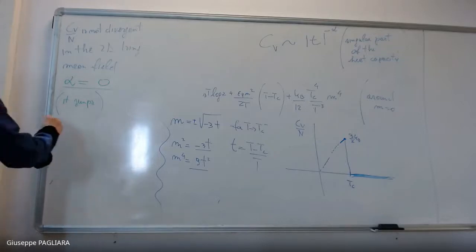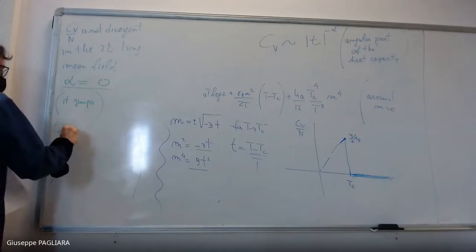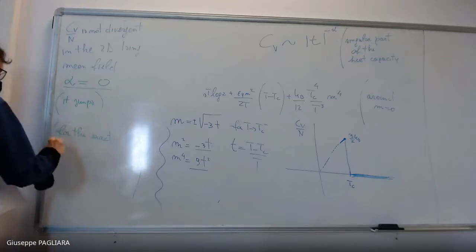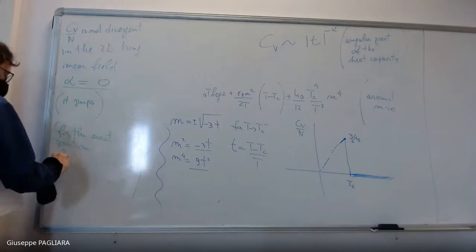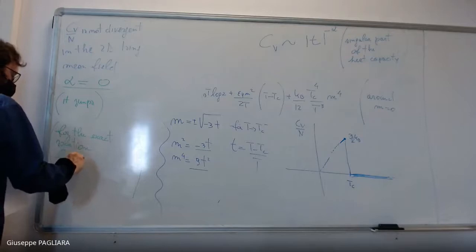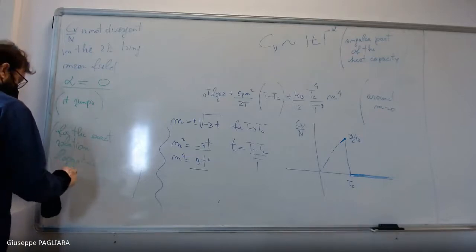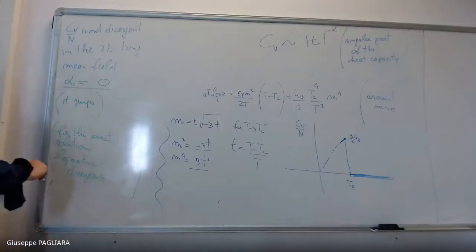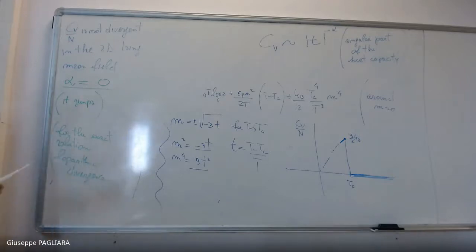What happens is that in the exact solution, we have a logarithmic divergence in the two-dimensional Ising model.